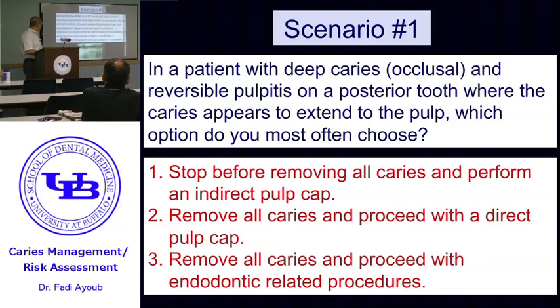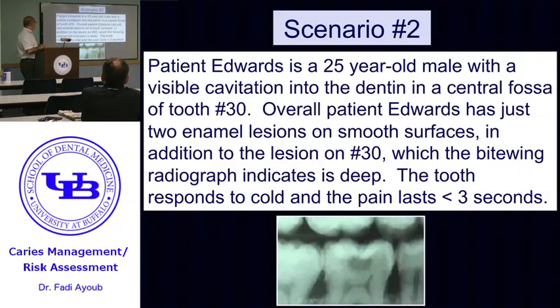The second scenario is a little bit different. Edwards is a 25-year-old male with visible cavitation in the central fossa of tooth number 30. You can see it here, though I'm not sure how clear it is from far.